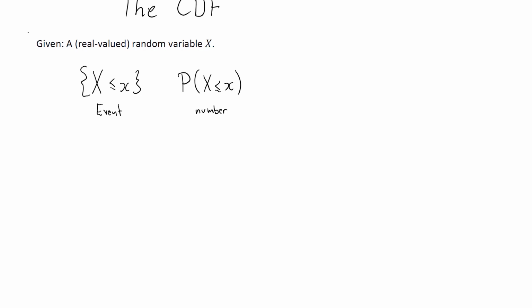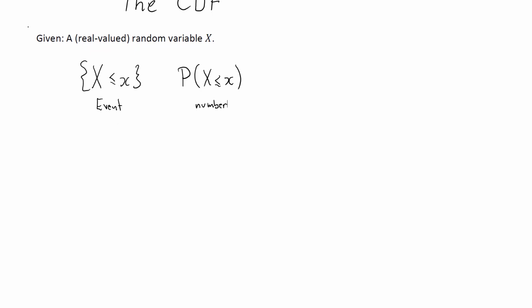So what we do is we simply define this probability as a function, which is then typically denoted by capital F as a function of lowercase x. So this is just simply shorthand notation to save us from writing so many symbols.